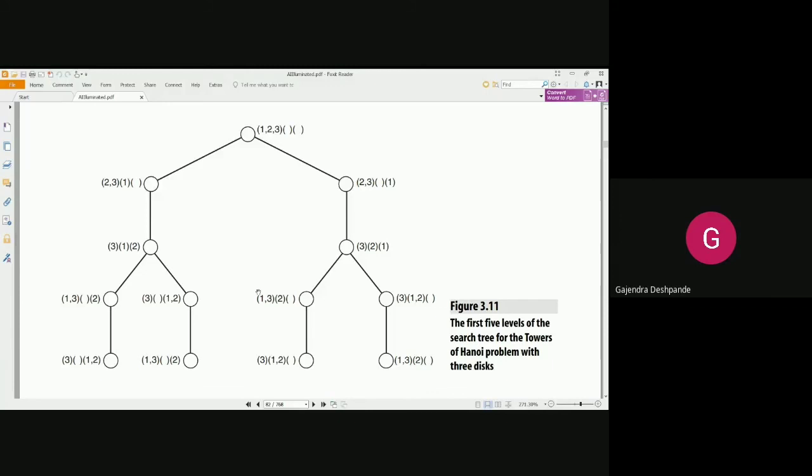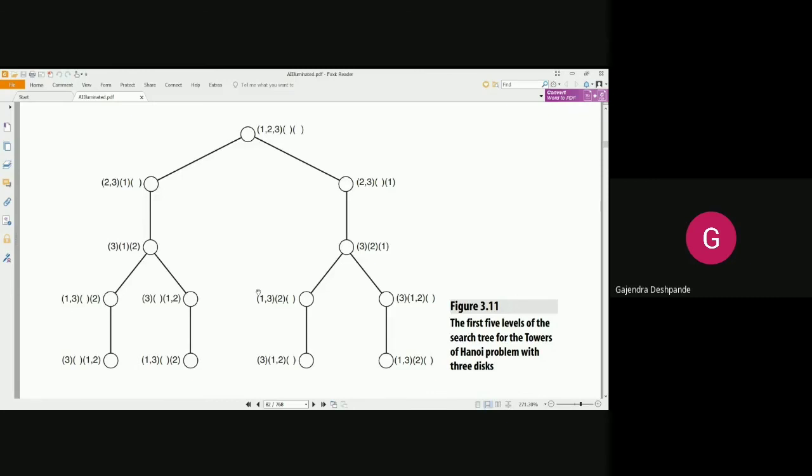Now, again come back to the left hand side of the tree. If you move disk 1 to the second peg, then you can move disk 2 to the third peg. Okay, you can move disk 2 to the third peg.